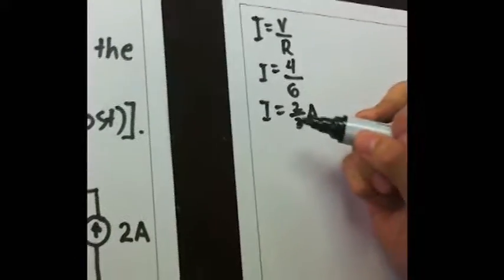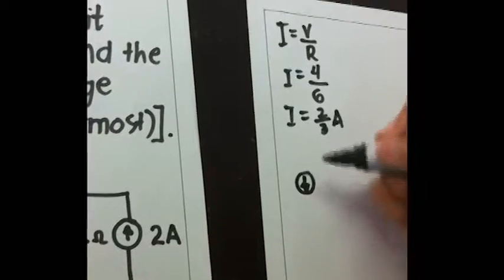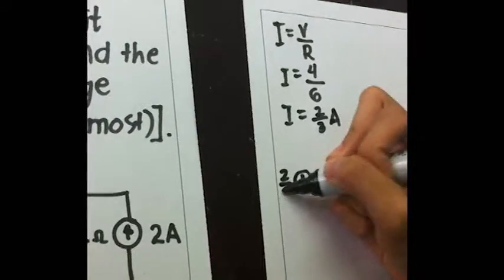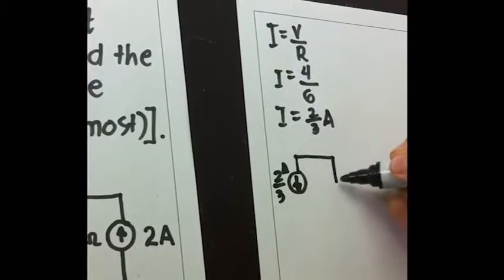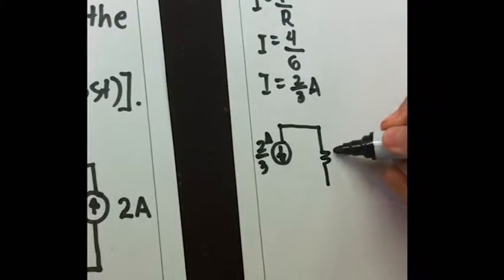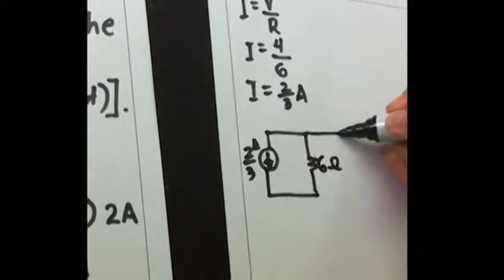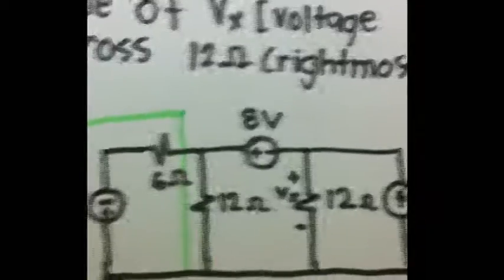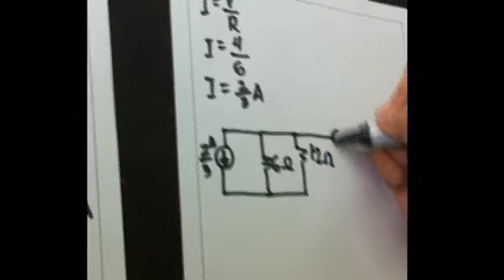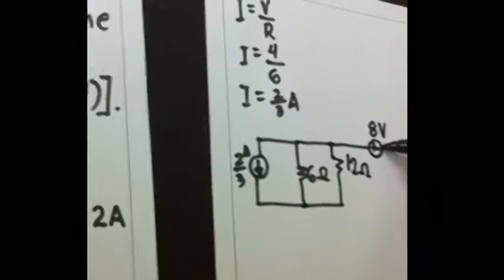So here is the simplified circuit. We have a current source that is directed downward, 2 over 3 ampere, parallel 6 ohms, and 12 ohms. Just copy the circuit.